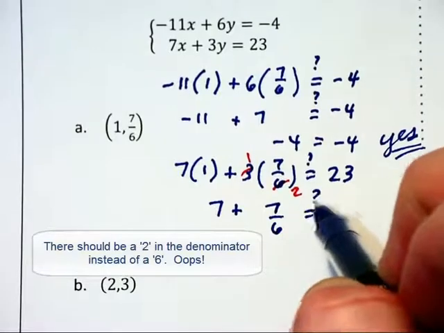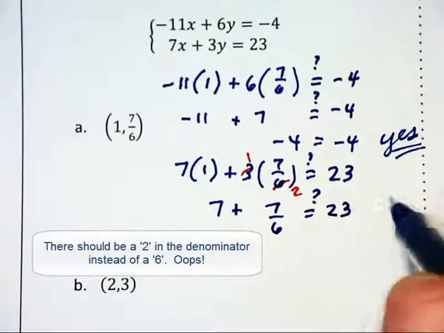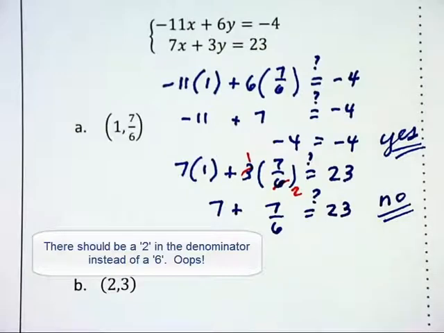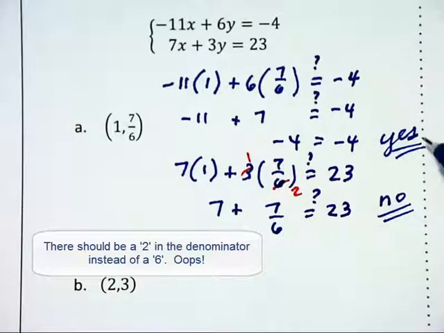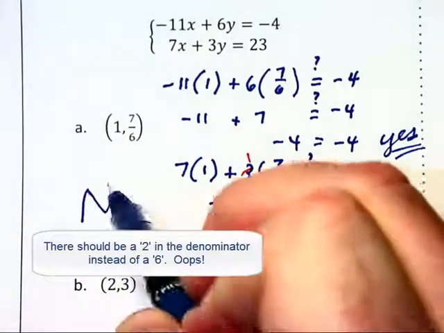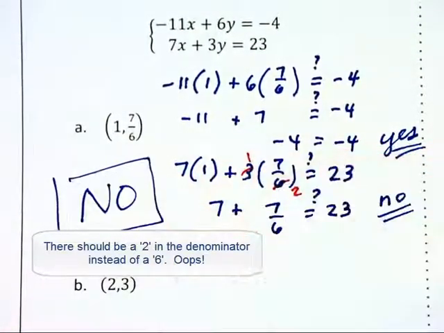Is that equal to 23? And the answer here is no. In order for this point to be a solution to the system, we needed yeses in both of these cases. So since it does not work in one of the two equations, the overall answer to part A is no.